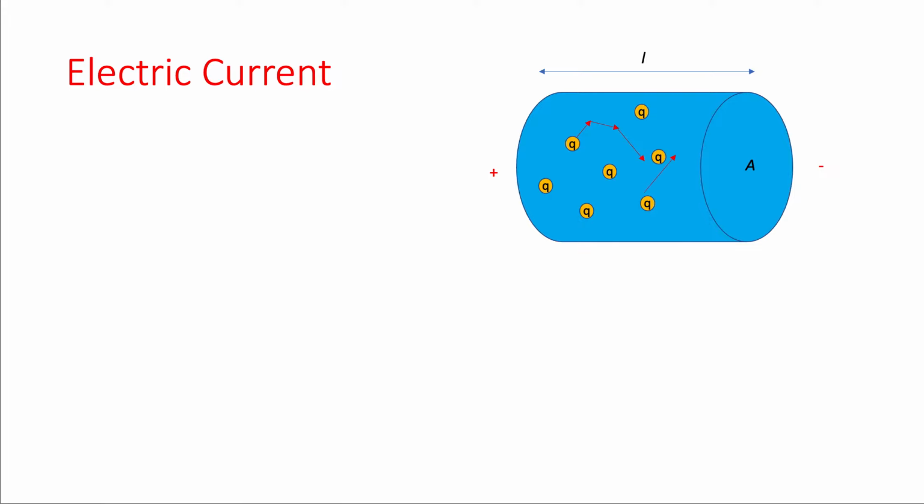They flow in a kind of zigzag way, similar to Brownian motion, and their net movement is from positive to negative. Here we are assuming that we have positive charge carriers, and so our charges are moving in a resultant way from left to right.